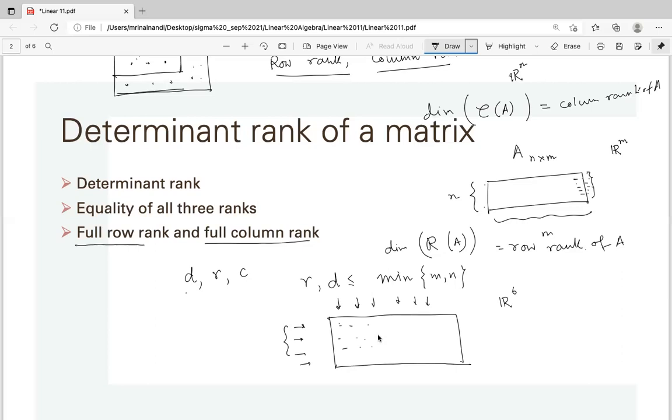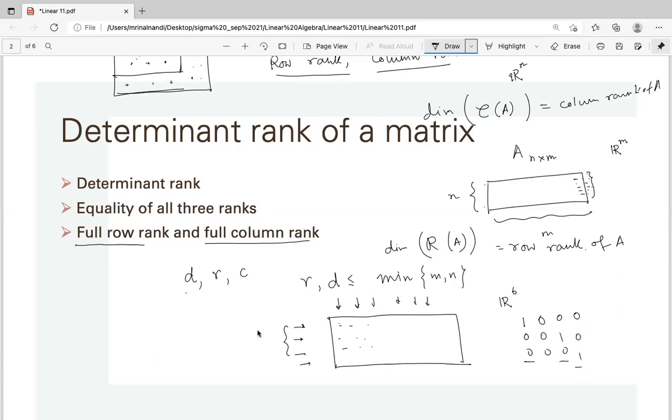Here the number of rows is 3, and the number of columns is more than 3. That's why you will get a row reduced echelon form. Otherwise, it may not be row reduced echelon form. Maybe something like 1 0 0, 0 0 0, 0 1 0, then 0 0 1.